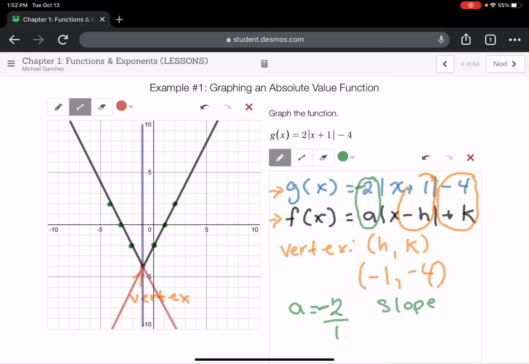So when it's negative, it's going to be basically an upside down V. So we want to be very careful with whatever value A is. If A is positive, it's a normal V shape facing up. And if it's a negative value, it's going to be a V shape facing down. It's a reflection across the x-axis.